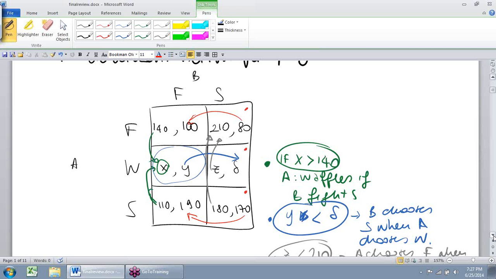So here the blue arrow is showing that for player B, okay, so blue is the arrow for player B when A chooses to waffle.